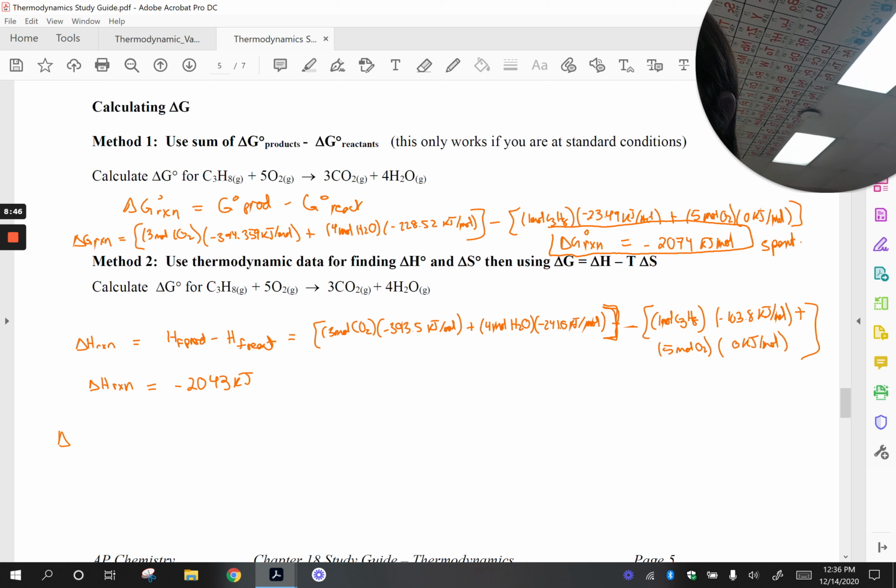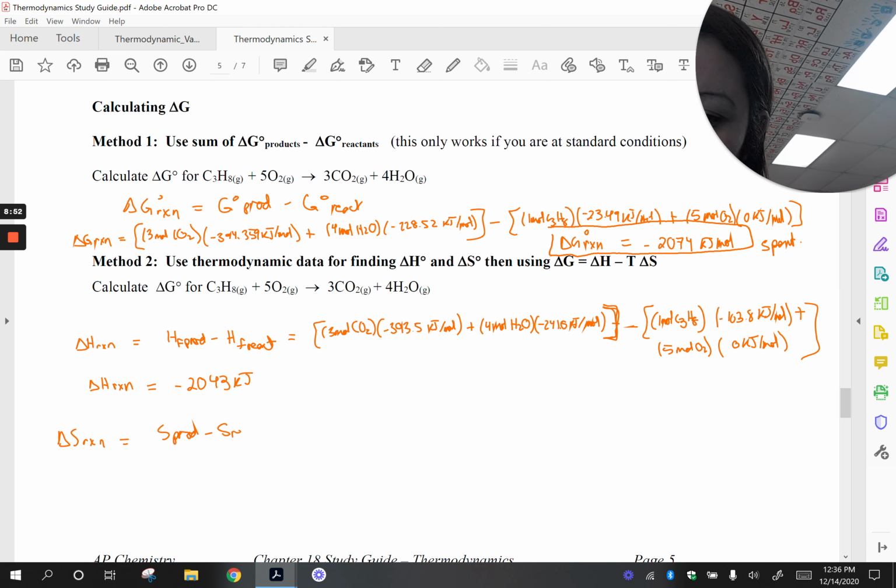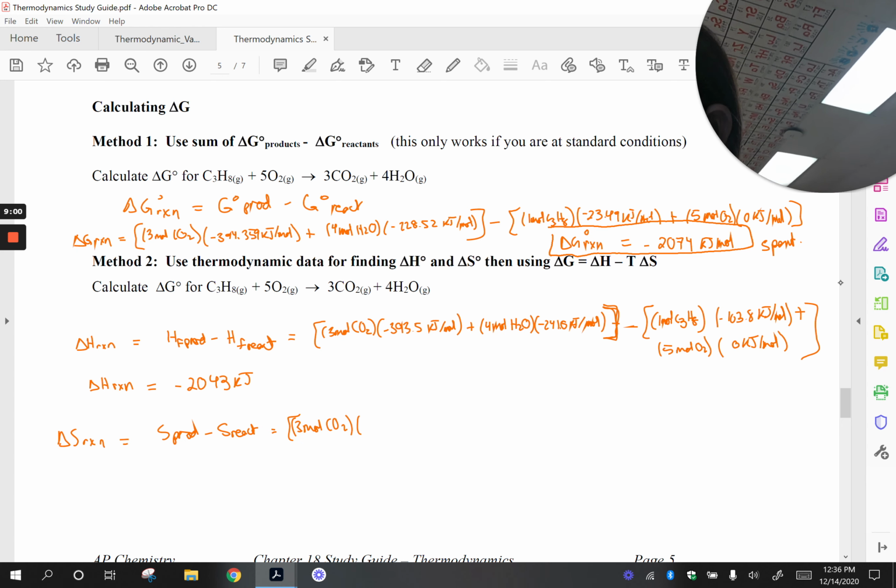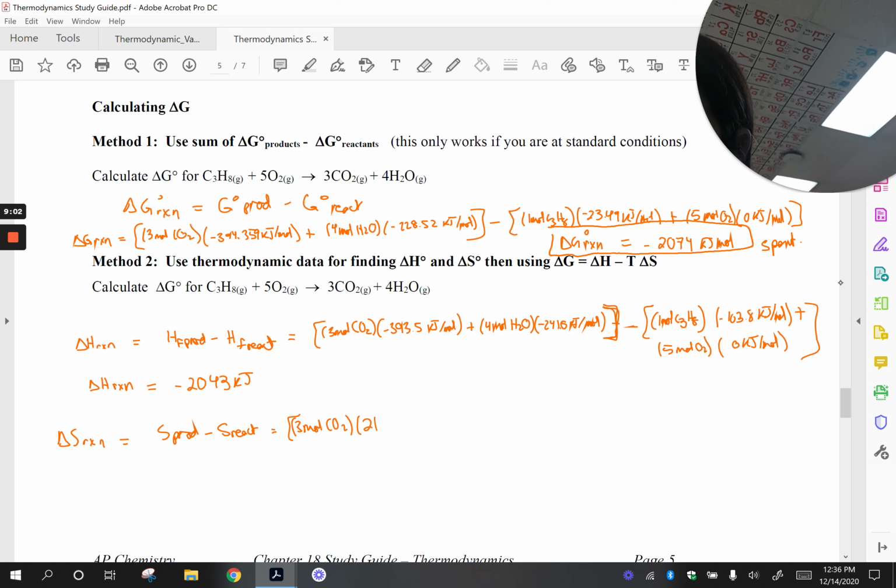Okay, I'll do delta S, same thing, so products minus reactants. So we have 3 moles of CO2. I'm going to round to the tenths place here, 213.7. This is joules per mole Kelvin. And I have 4 moles of H2O.